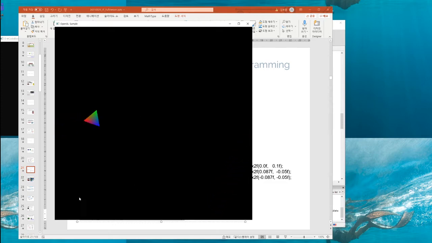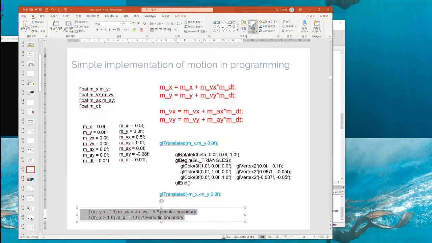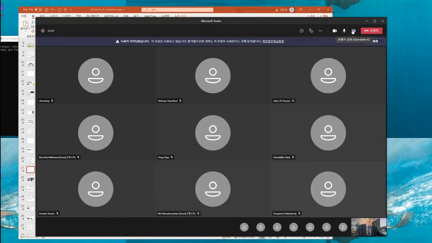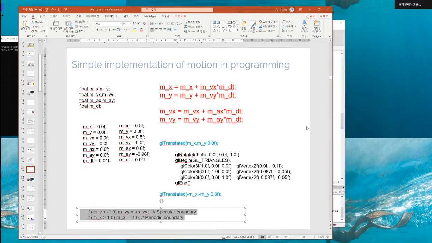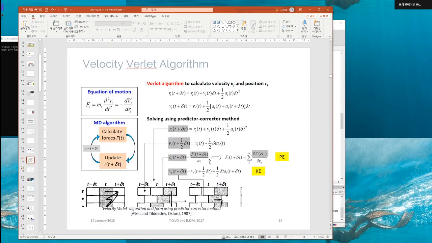And at the bottom, when they bounce back, this is a specular reflection boundary, and the right and the left is actually a periodic boundary condition. Okay, this is very important in MD, and I will explain why in detail. And from this step, I could build my own MD code, and that's not really difficult, right?